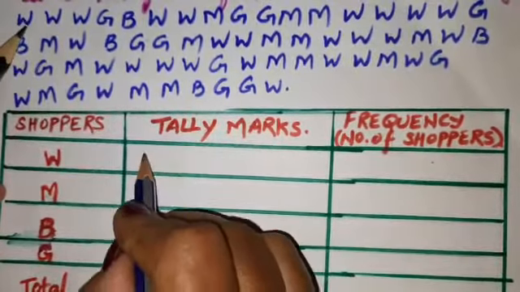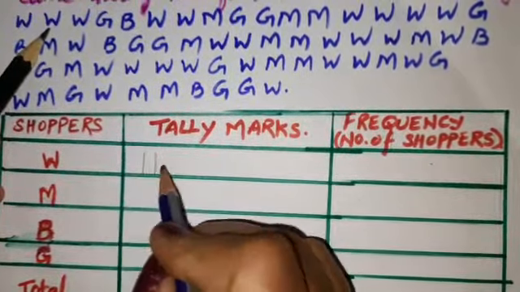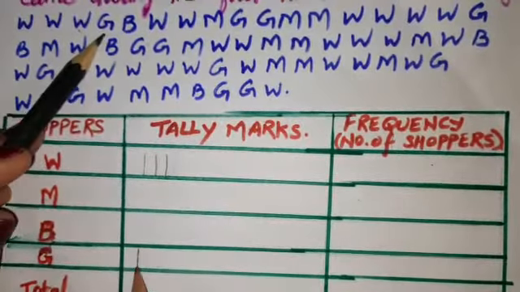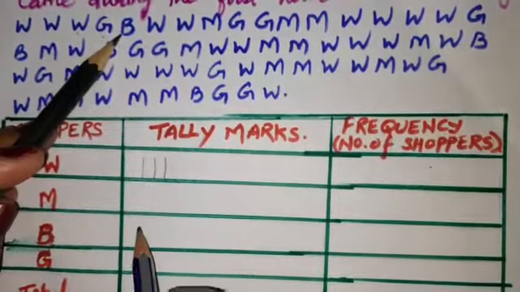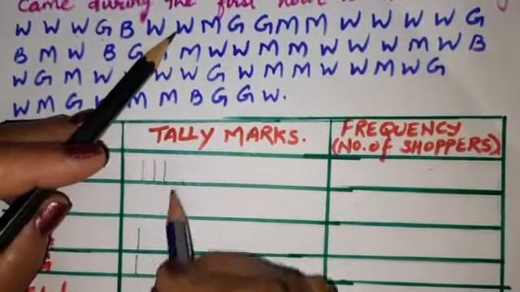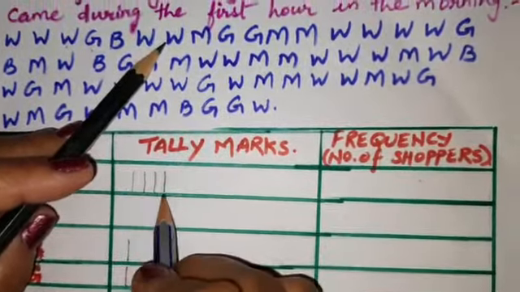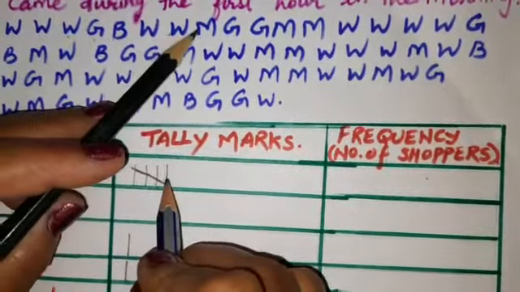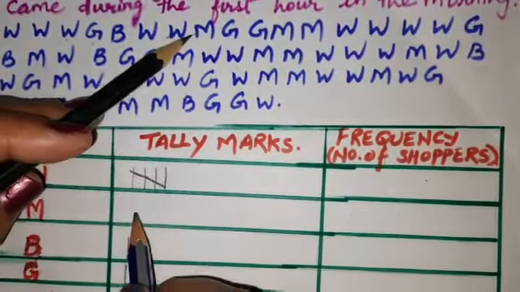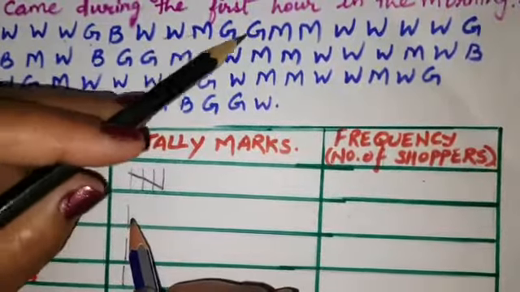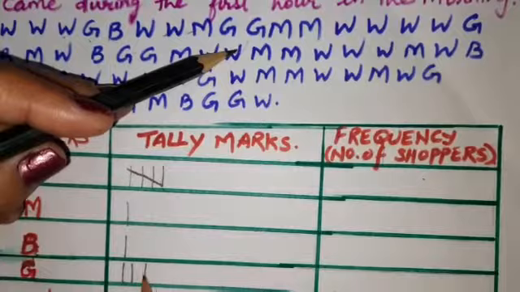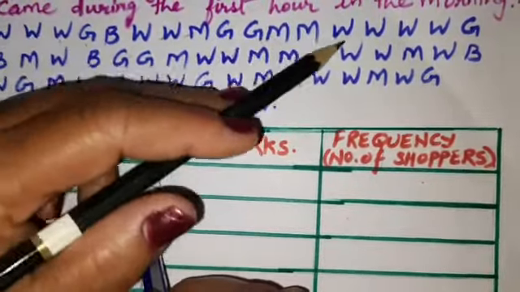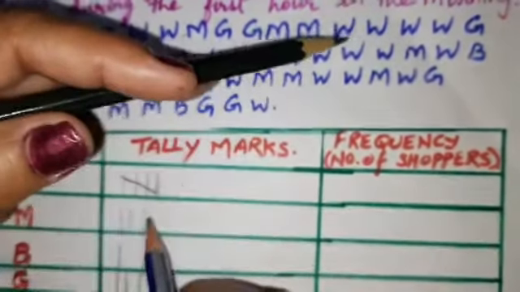So W, one line, W, then G, then B, then W. When 4 are over, the fifth one we will put as a cross. Then M, then G, M, then W 4 times.